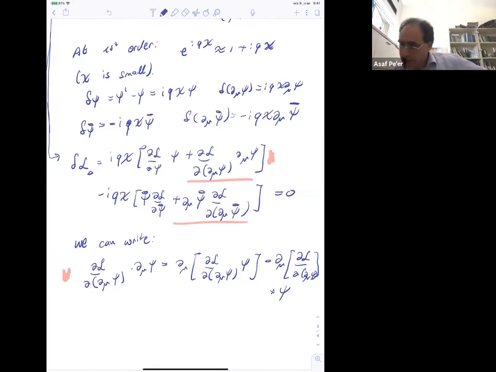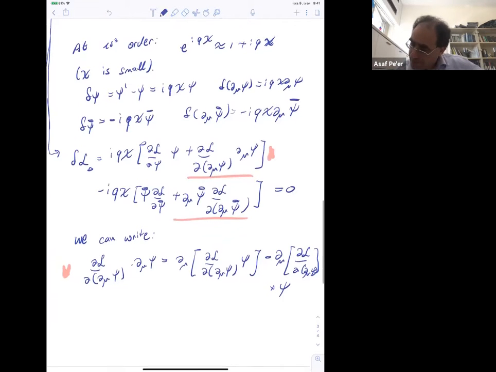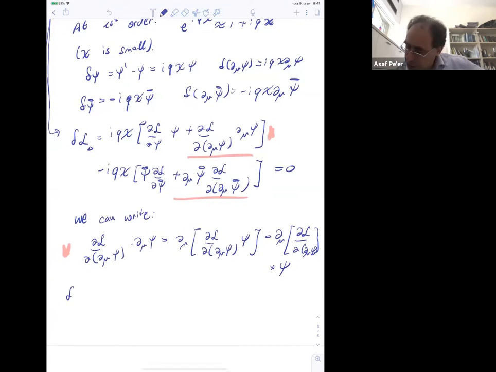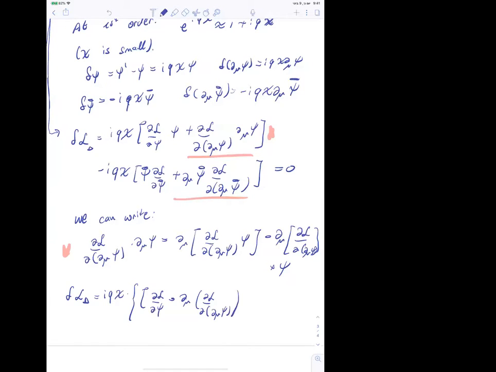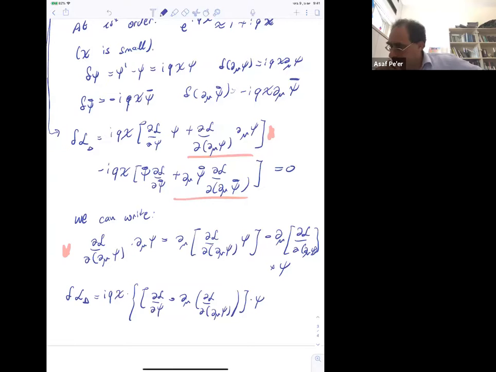So I plug it in, and I find that the change in the Lagrangian is i q chi, and then the first term is just dL over d psi times psi, now I take it outside of the parenthesis, minus the last term, so minus d mu of dL over d d mu psi, all that multiplied by psi.